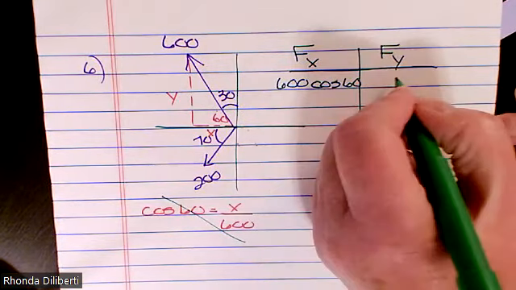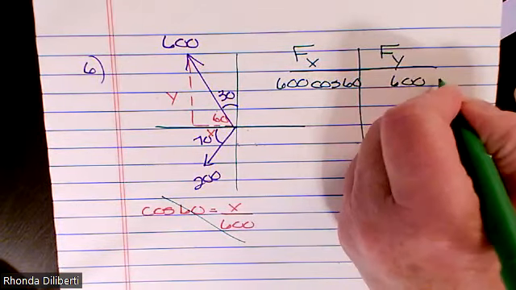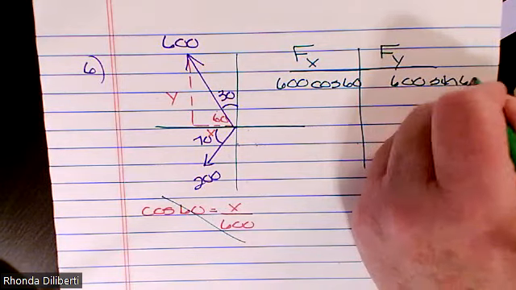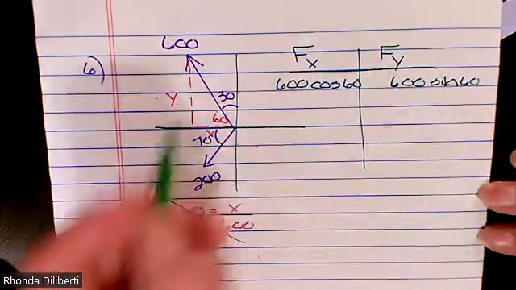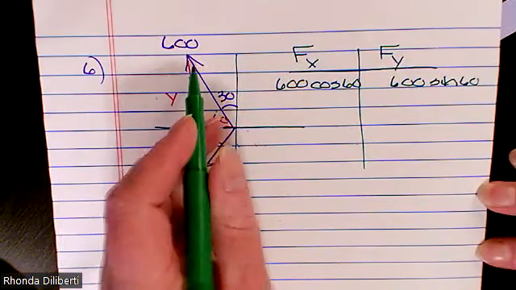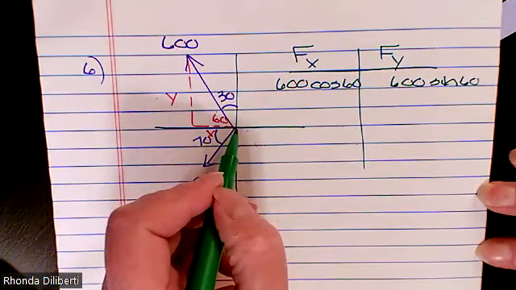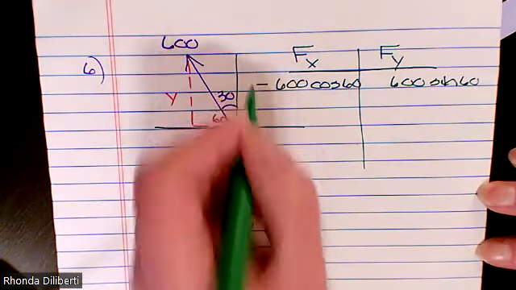And the y component will always turn out to be 600 times sine of 60. But we have to put in the negatives. So this is the positive y direction, so that one's fine. But this is the negative x direction, so I'm going to throw a negative in there.